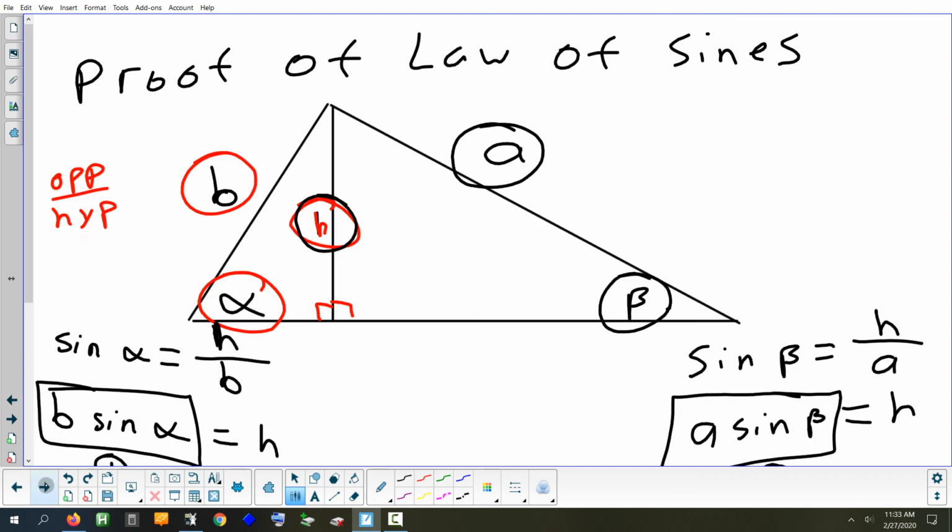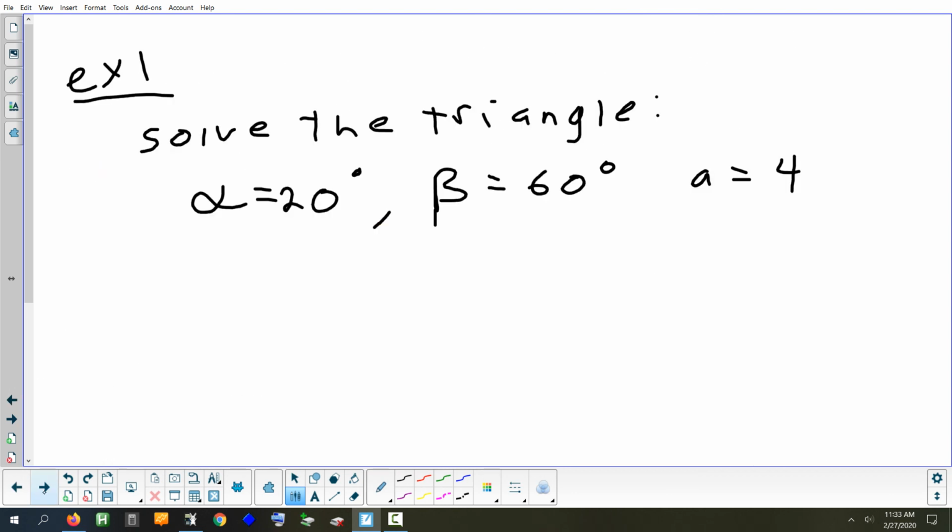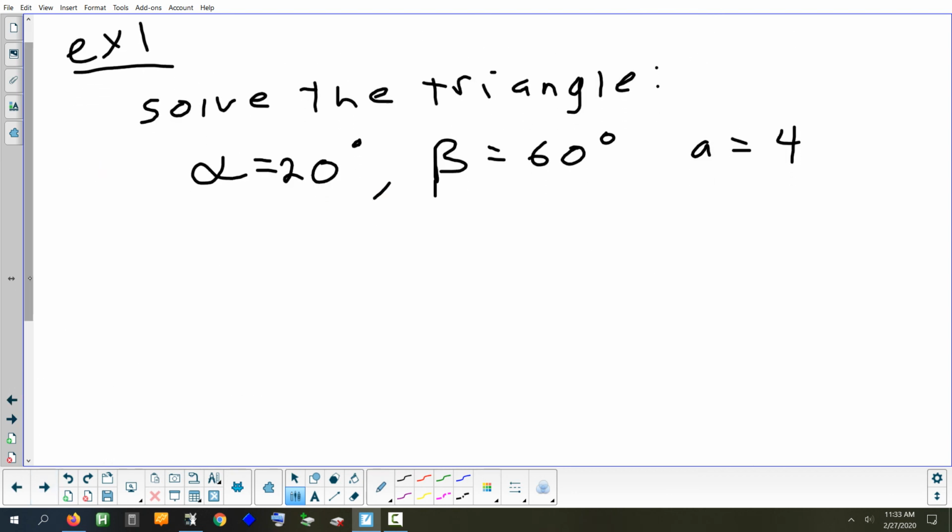Let's see if we can get through 3 examples. Okay. So the first example says solve a triangle. Solve means you tell me everything that I didn't tell you. So how many things do you have to find here by the time you're all done? Chris? 3, yeah. So what we're going to do is we're going to go like this.